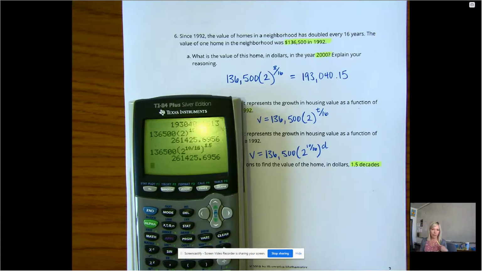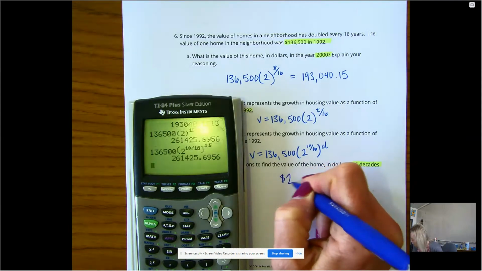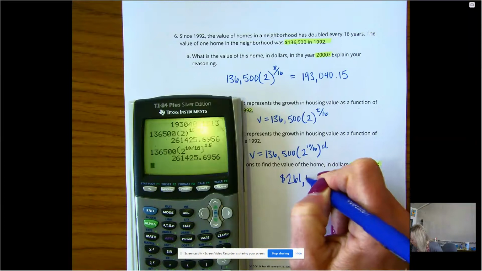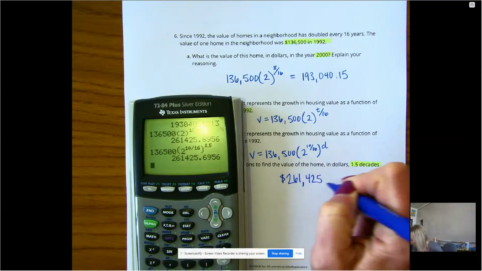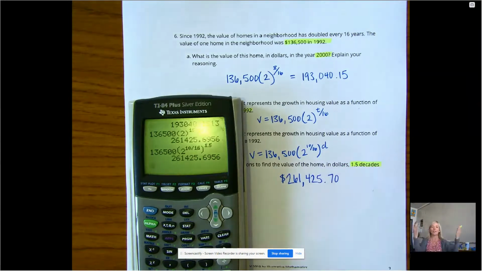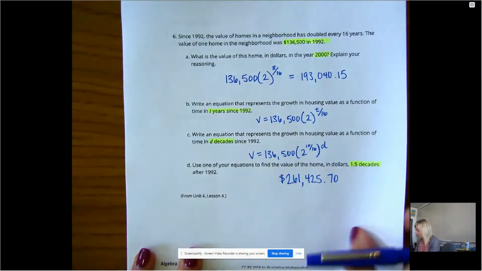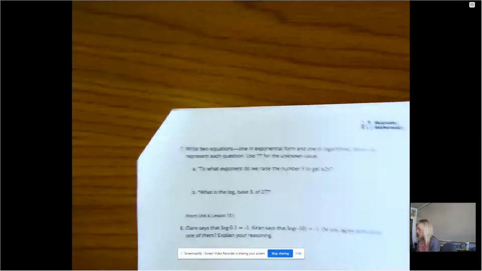And look at that, I get the same value, $261,425 and about 70 cents if you want to do dollars and cents on a home. All right, moving on, we've got two more problems, number 7 and number 8.